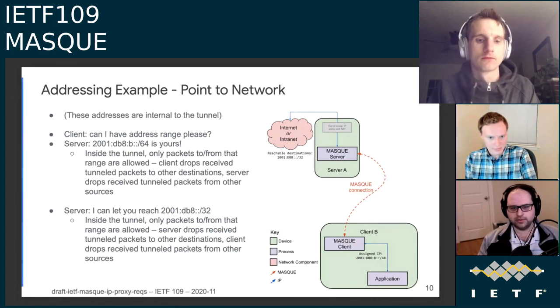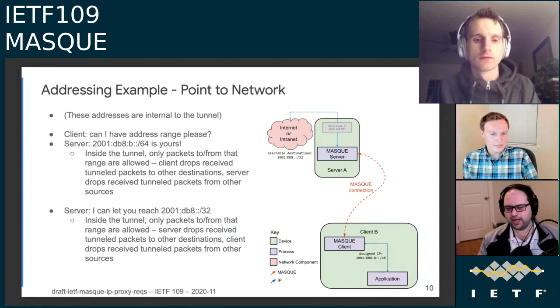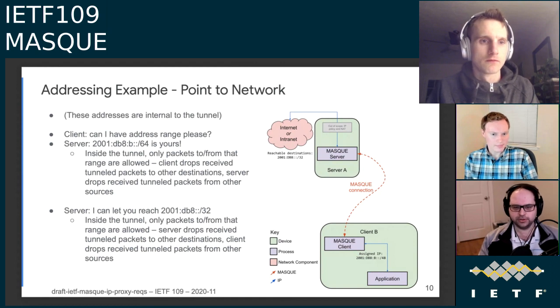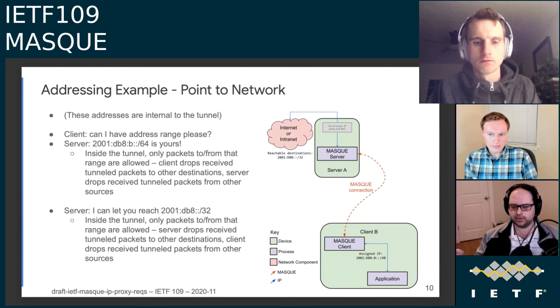So here, the client says, hey, can I have an address range, please? And the server will say, sure, you can have 2001:db8:b::/64. So that is the address that the client would use in this model for any outgoing packets which will transit the MASQUE server. If the client were to use any other address, the server can and probably should drop it, because that's not an address that it offered to forward packets on behalf of.